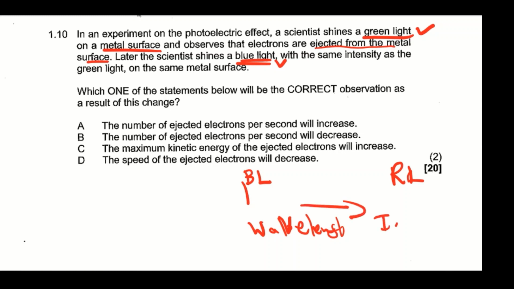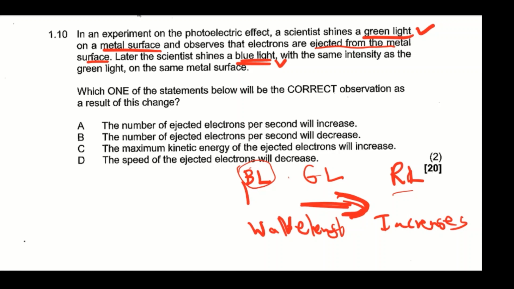You need to know what other properties of light come after. There's blue, and in between you can find your green light, and then going up to the red light. So going in that direction, your wavelength increases. If your wavelength increases, what happens?